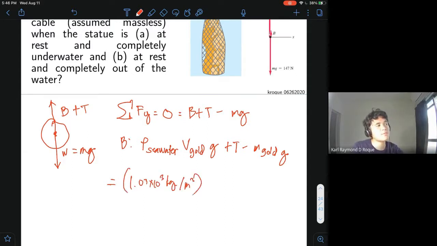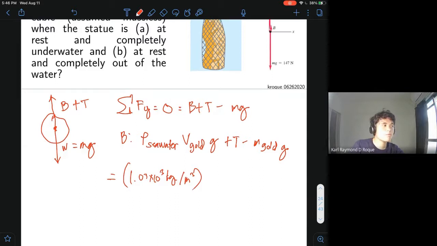Yung volume, saan natin makukuha? Meron tayong mass ng statue, meron tayong density ng gold, di ba? So ano yung mass ng gold? 15.0 kg over density gold 19.3 times 10 cubed kilogram per meter cubed, g. Yan na.